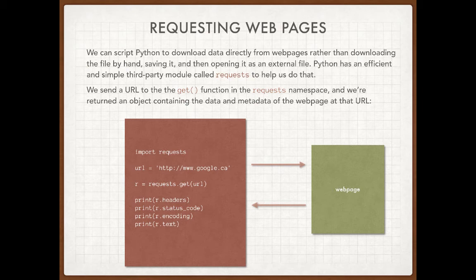So we'll take a closer look. We'll examine some of the parts, like the headers and the status code, stuff that is always under the hood that we typically never see. But when we do this in Python, we can see all of these bits and pieces. We'll look at maybe the encoding, and then the one that we're going to be really, really interested in is the text, and we'll pull that out.